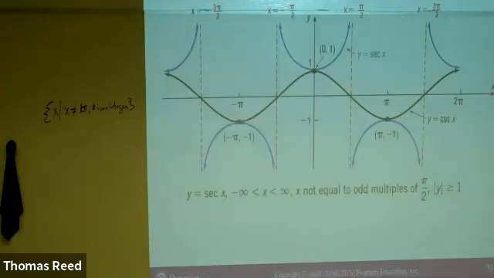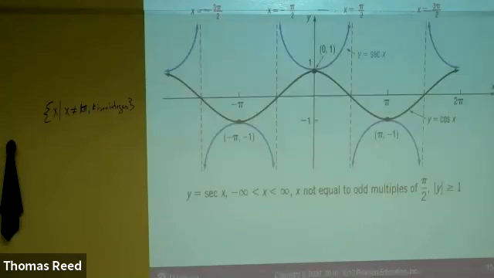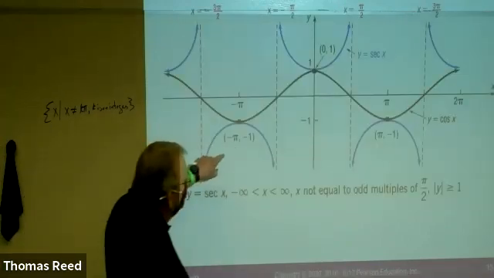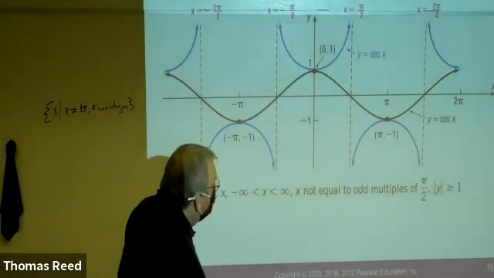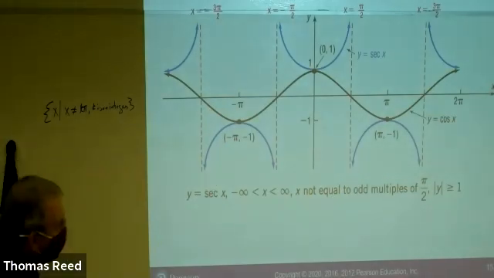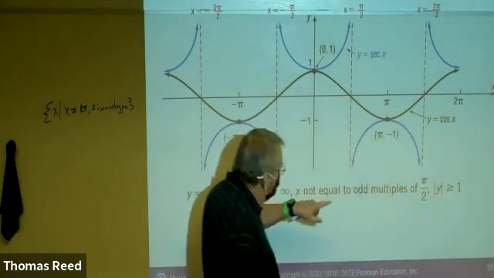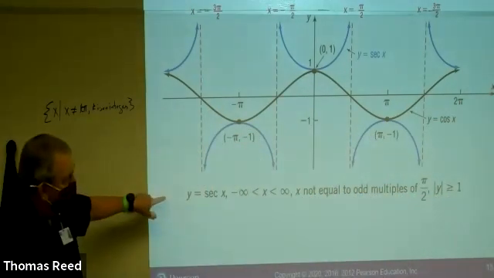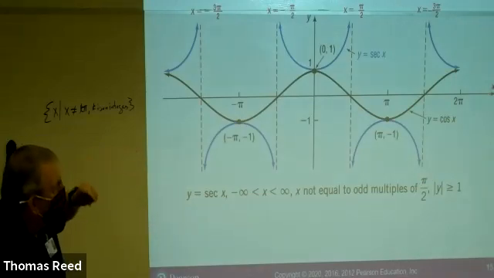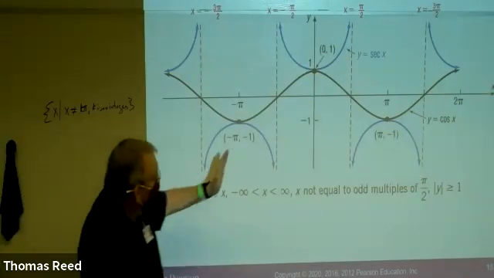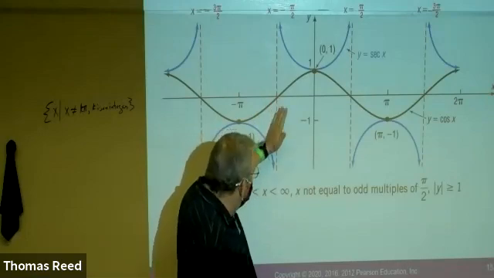So you notice that the graph for cosecant and the graph for secant look very much the same, just like the graph for sine and cosine look much the same, except they're shifted. So the range is going to be the same, but now the domain has been shifted because where sine or cosine is 0 is at the odd multiples of pi over 2.